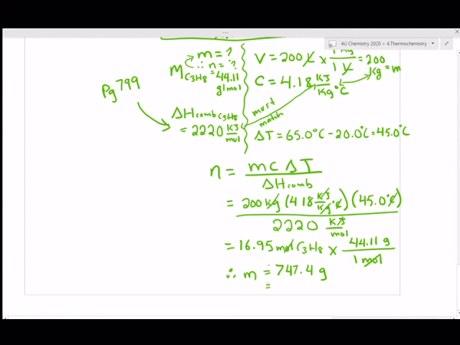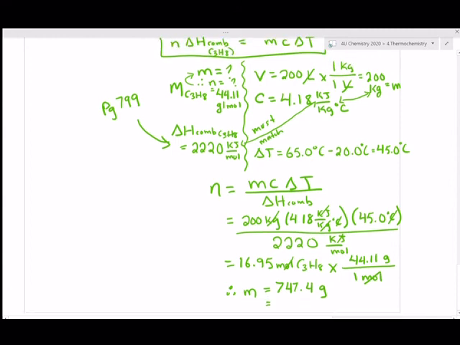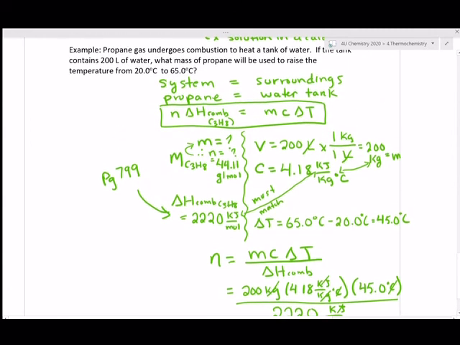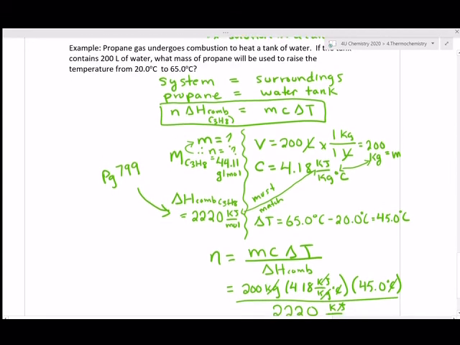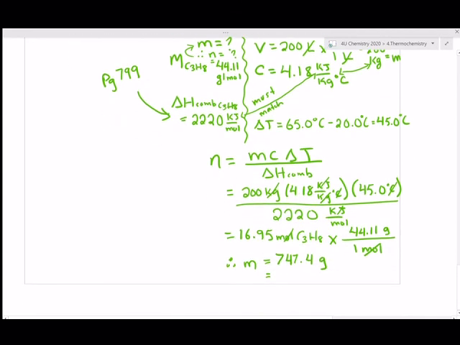But if we look back at all the data you were given, everything was 3 sig digs. Molar mass was 4, so you're allowed 3. And there's your final answer.